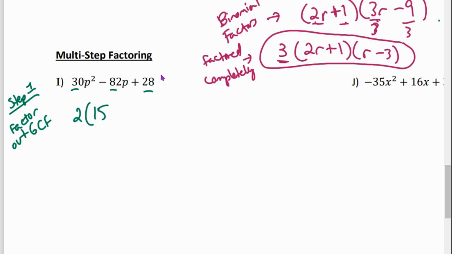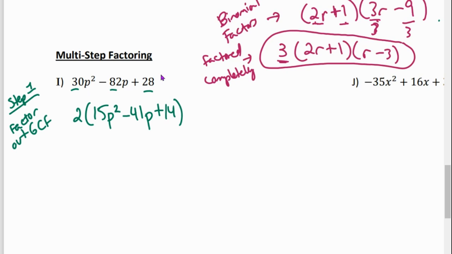The only thing we can factor out is the 2. But our p squared will be left over. Factor out a 2 from here, we get minus 41p. Factor out a 2 from here, we get plus 14. And if we look at these three numbers, is there anything that 15, 41, and 14 would have in common other than 1? No.